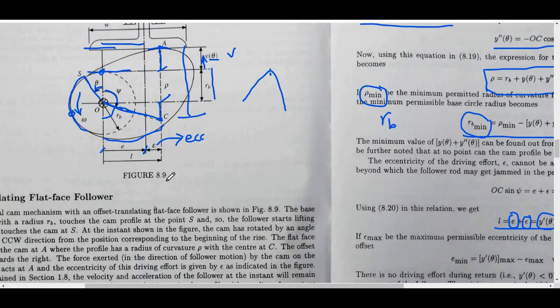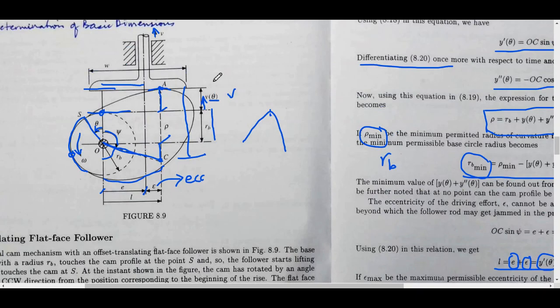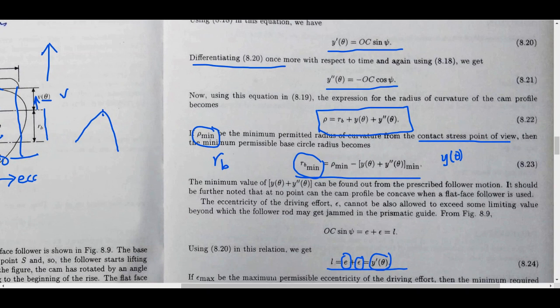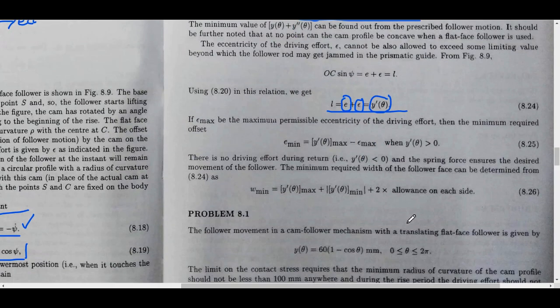When this cam is turning like this and pushing this one up, that is when we care about it. When the cam has turned so much that the contact is on this side here and it is coming down, then the spring brings it down and we don't bother about it. So we are interested in the rising part, and using the rising part we are able to find out what the minimum has to be.